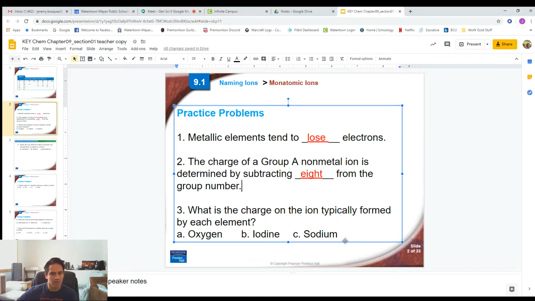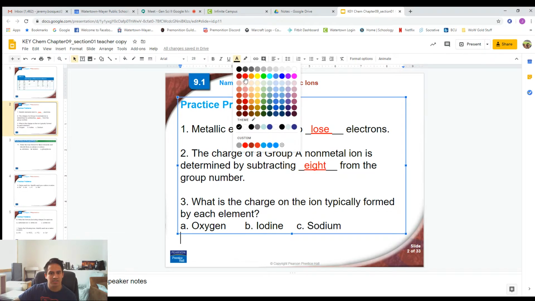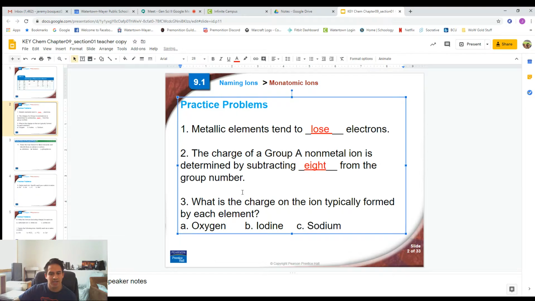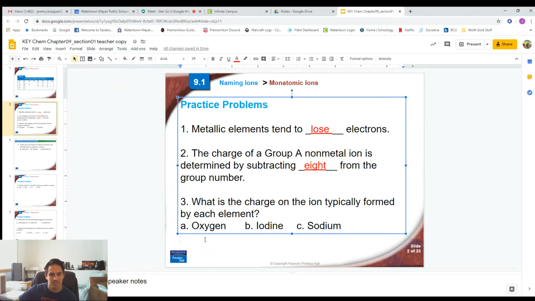So number 3, what is the charge on the ion typically formed by each element? Okay, so for oxygen, oxygen is going to make a charge of -2. This also can be found in the slides here. So there's this nice little chart, and it gives you the charges for all these different elements. Oxygen in column 6, all elements in column 6 make a charge of 2-.